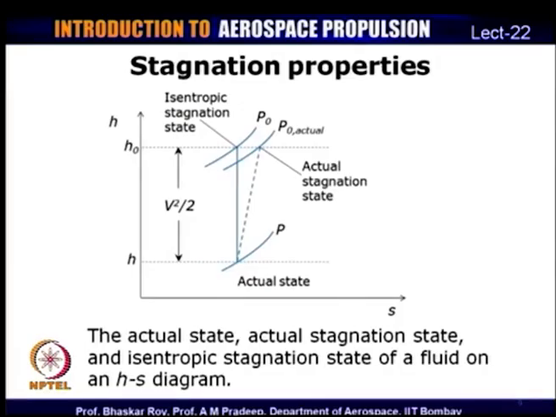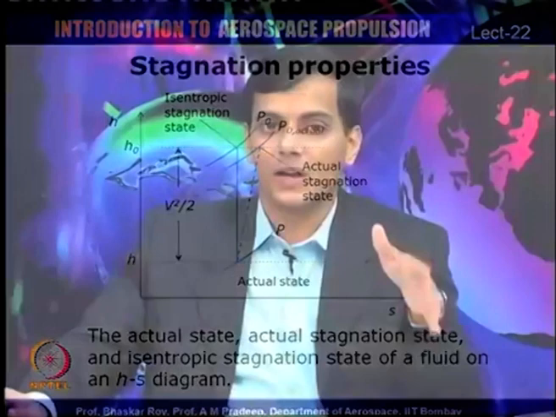So, if you look at an actual stagnation state, there has to be an increase in entropy. So, there will be a certain positive slope for that particular process, but there are no heat or work interactions, which means that the enthalpy should not change, and therefore, enthalpy cannot change in such a process. But because of irreversibilities, it is non-isentropic, and there will also be some pressure loss because of irreversibilities.